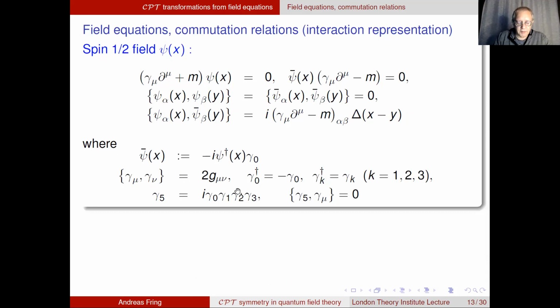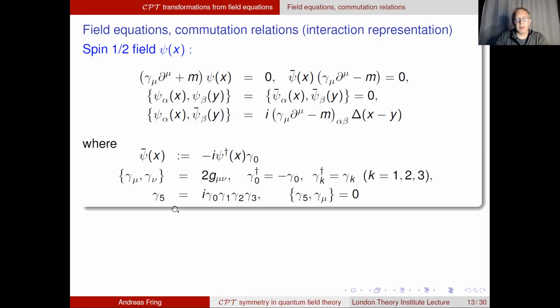And also we have the properties that gamma k, where k now takes values 1, 2, 3, gamma k squared is 1. The conjugate of gamma 0 is minus gamma 0, whereas the conjugate of gamma k is gamma k.